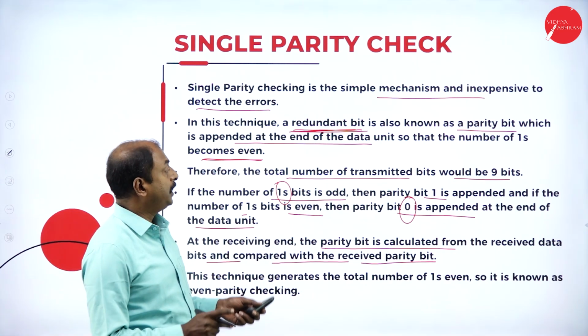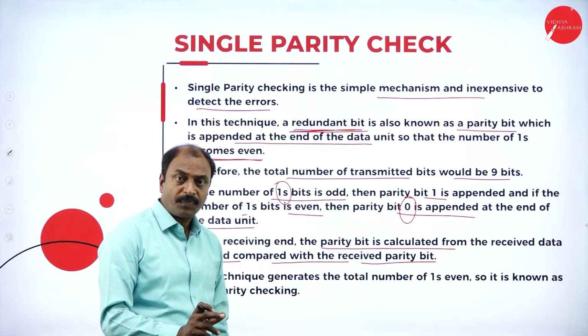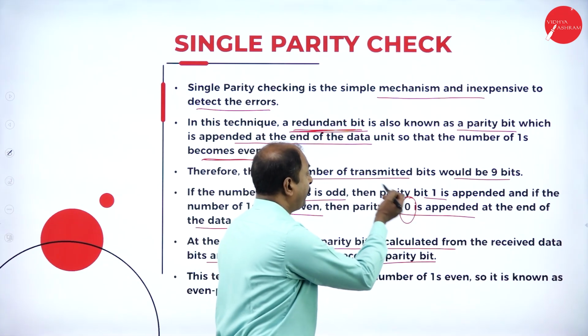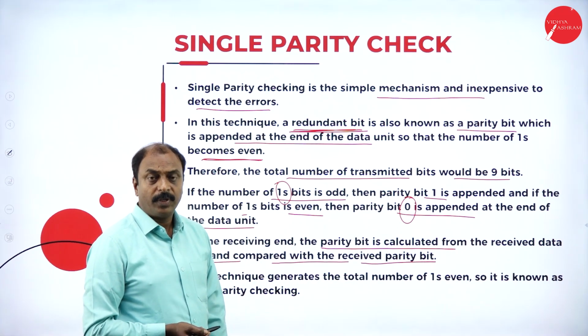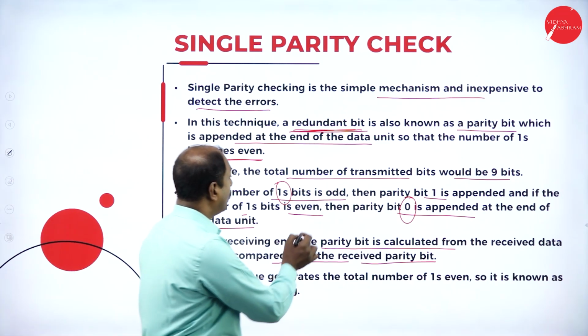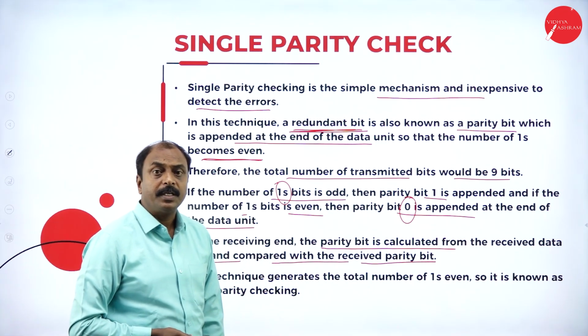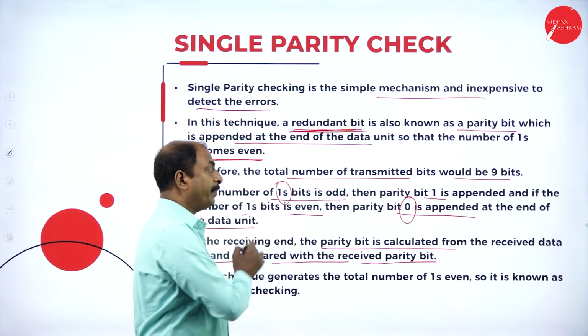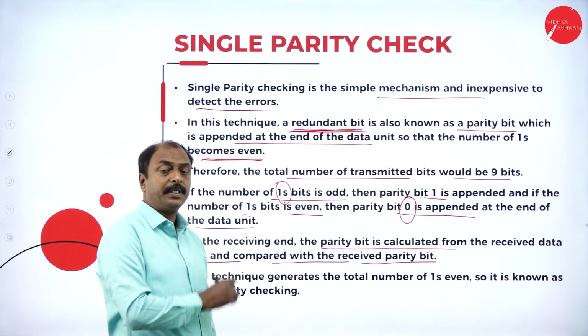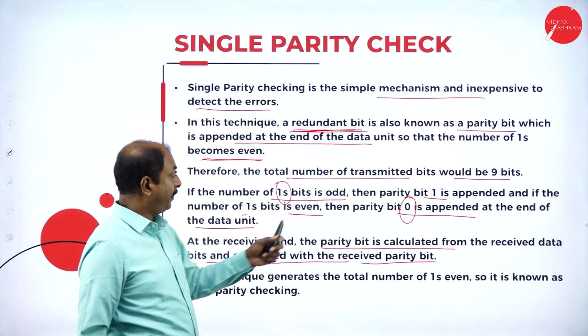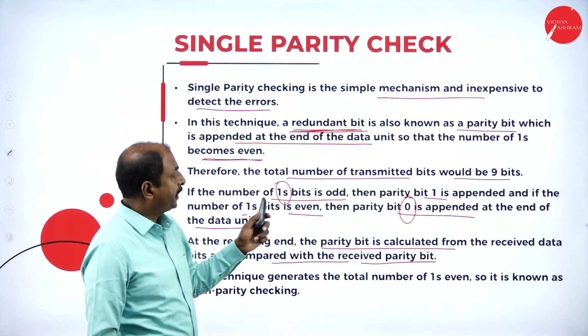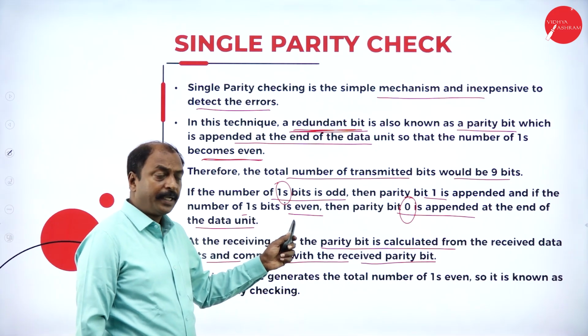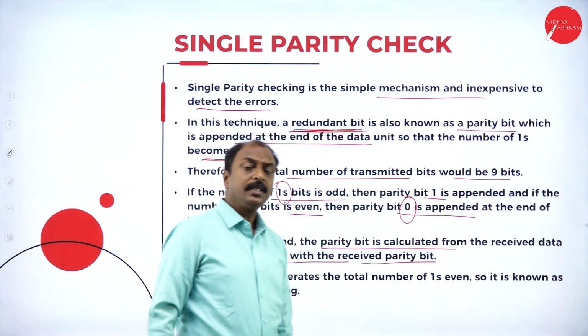If there is an even number of ones in the data frame, it adds 0 as the parity bit, and if the number of ones is odd in the data frame, then it adds 1 as the parity bit at the MSB, that is the most significant bit. Then the data along with the parity bit is transmitted over the network.